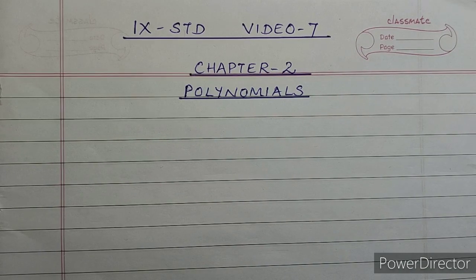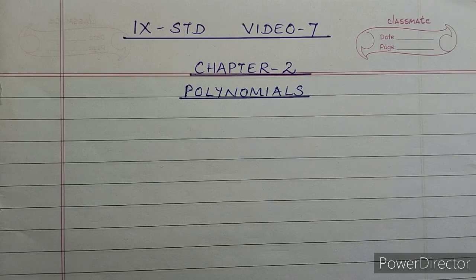Do you remember that? Yes, you might remember one term monomial, two terms binomial, three terms trinomial, like that. These all are polynomials. So a one-term algebraic expression, you will call it a monomial. Mono means one. A monomial also is a polynomial only.